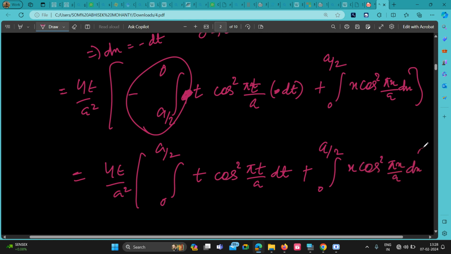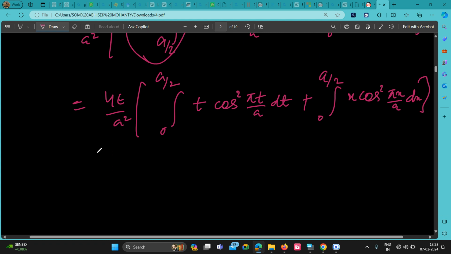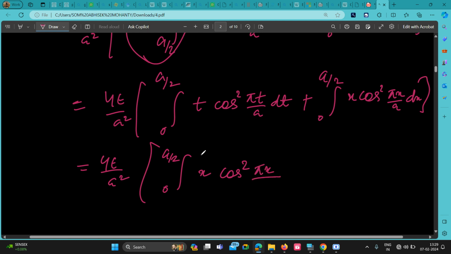See, I am doing this just for your understanding. You can skip so many steps. 4 epsilon by a square, inside it I can change the variables. It's the same thing. You may ask me, sir, you have taken x is minus t. No, here we can change the variable inside.